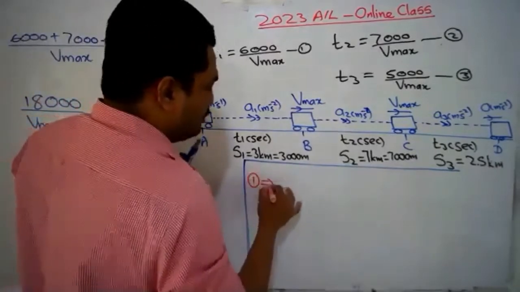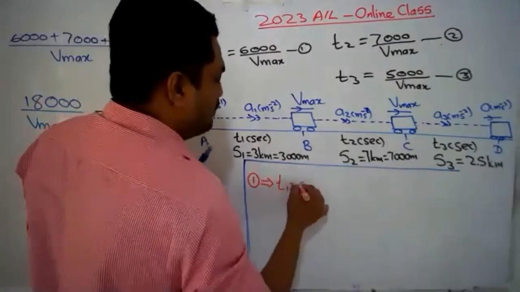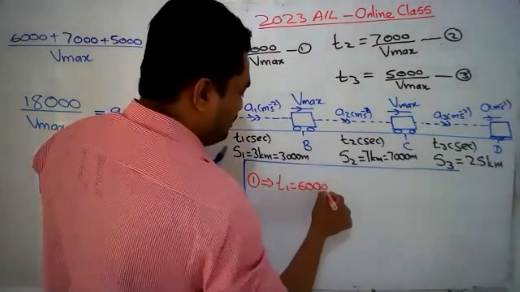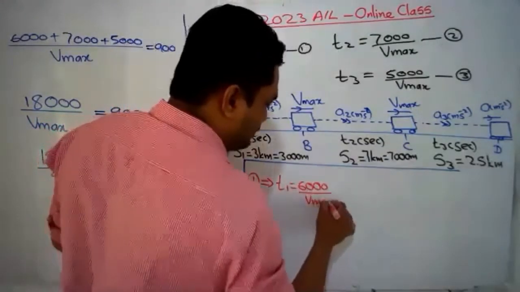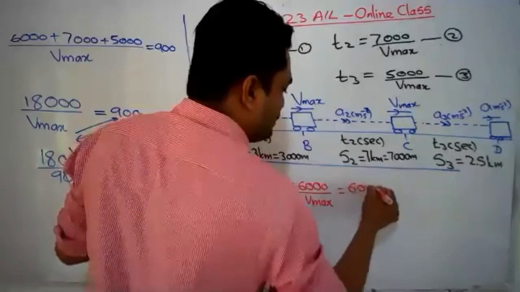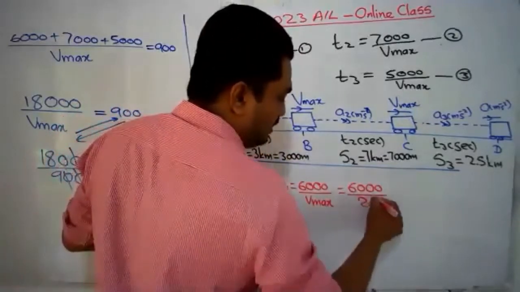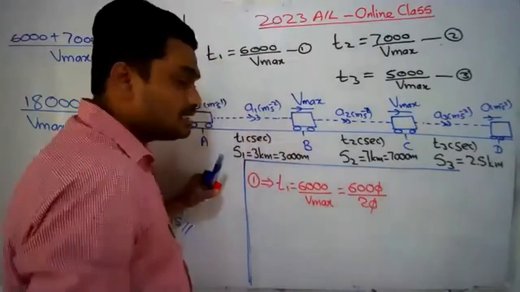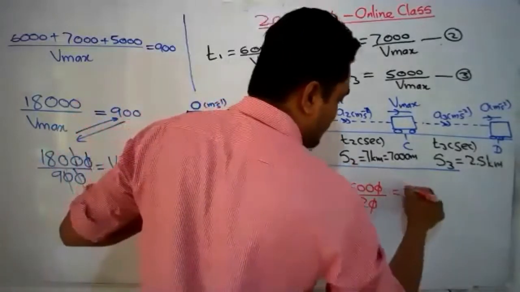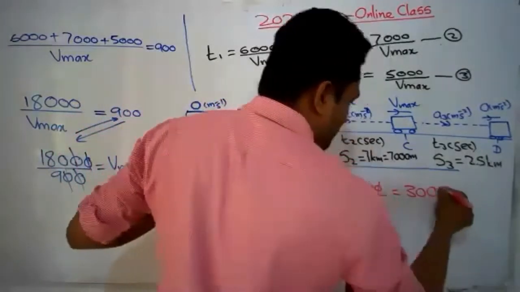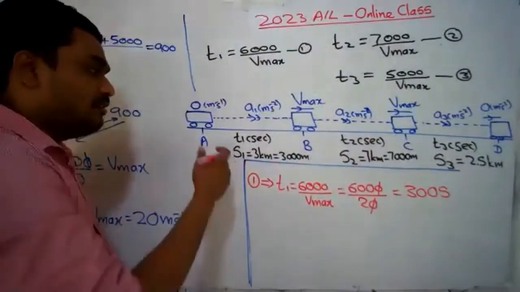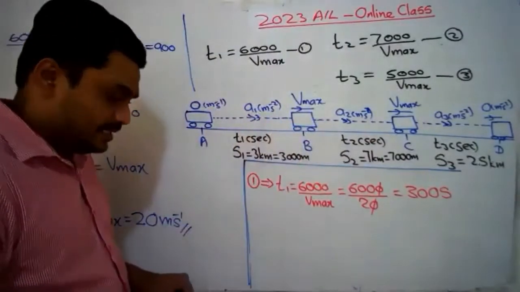The first equation tells us T1 equals 6,000 divided by Vmax. So 6,000 divided by Vmax, which is 20. The zeros cancel out. 600 divided by 2 is 300. Therefore, time taken for the object to travel from A to B is 300 seconds.